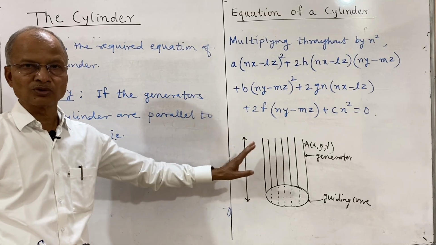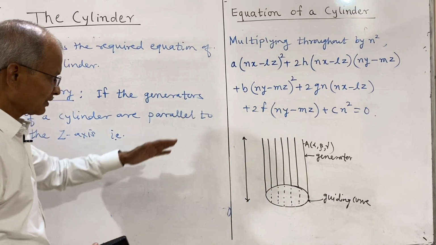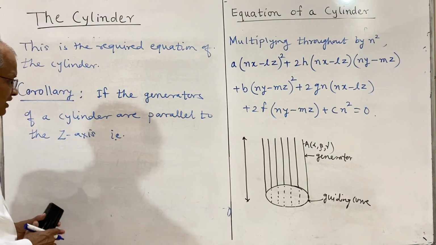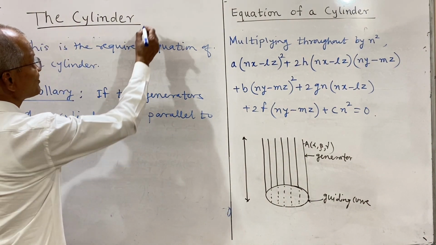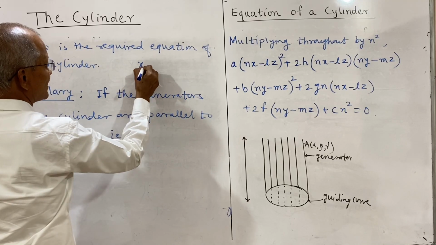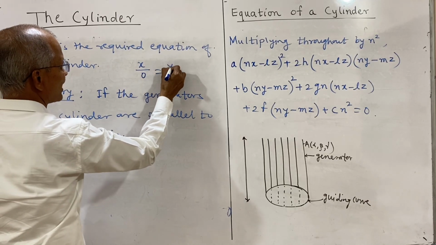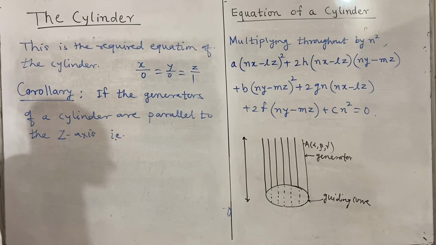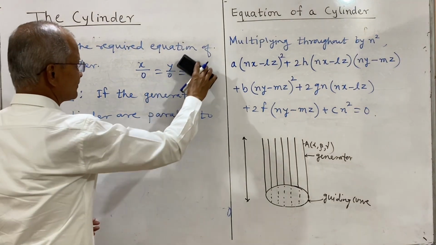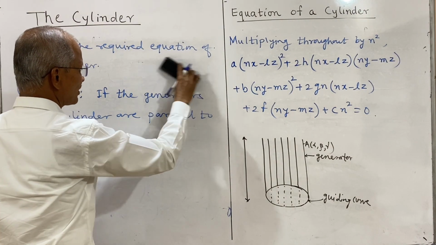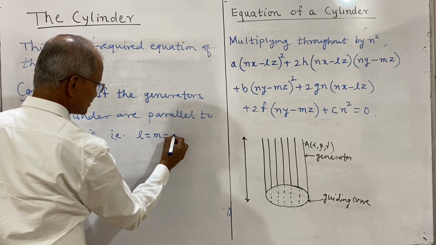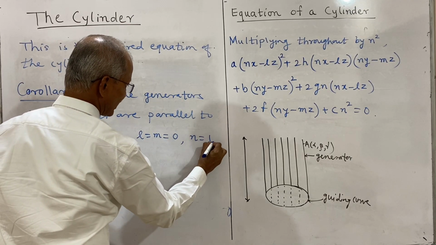We know 0, 0, 1, and therefore the equations to the z axis will be x by 0 is equal to y by 0 is equal to z by 1. So these are the equations, and thus we get L is 0, m is 0, and n is 1. That is, L is equal to m is equal to 0 and n is equal to 1.